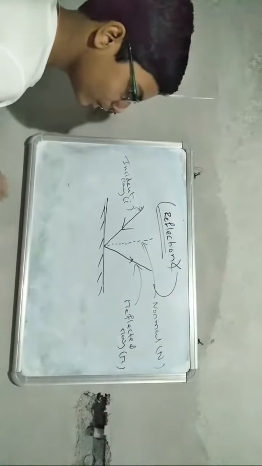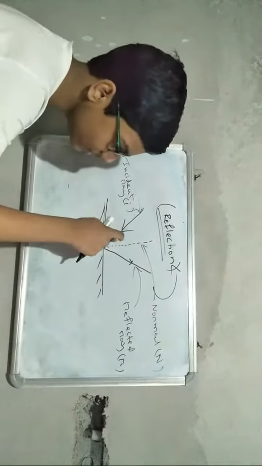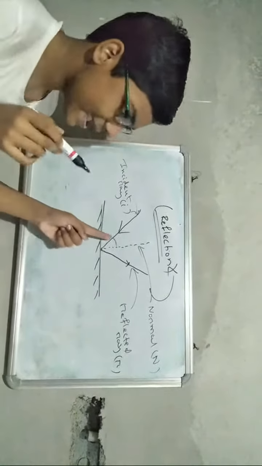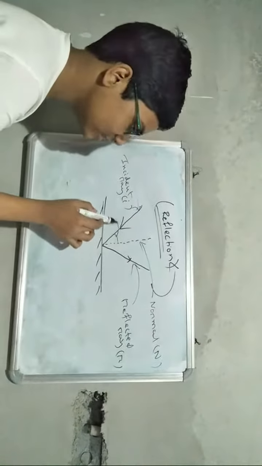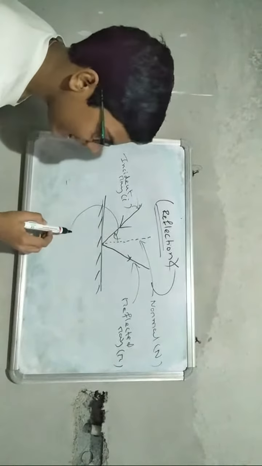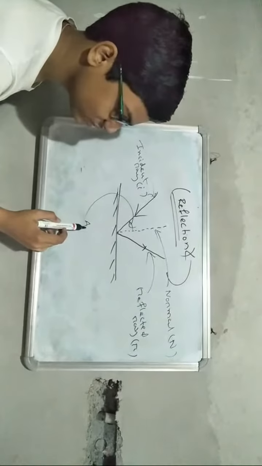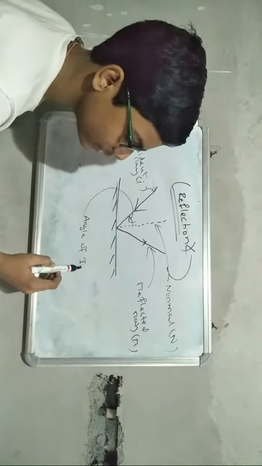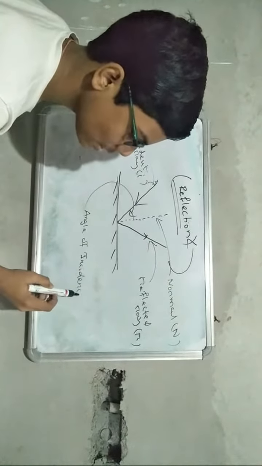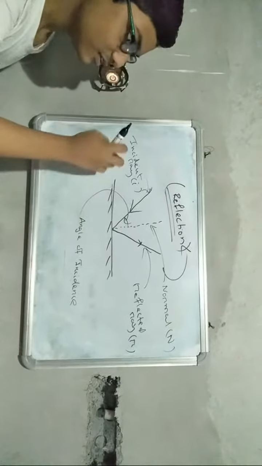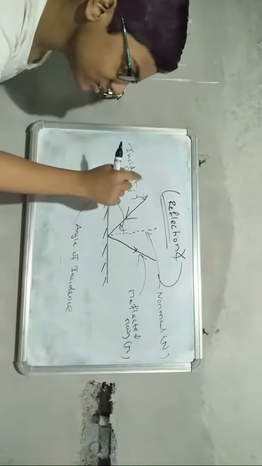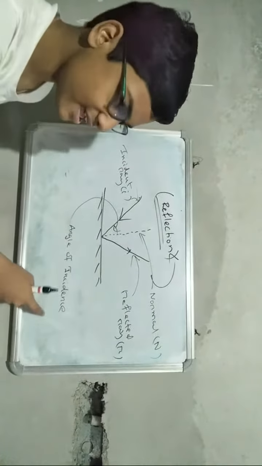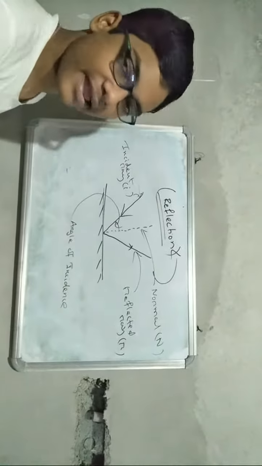The angle you can see here, formed between the normal and the incident ray, is known as the angle of incidence. The spelling is different: here is the incident ray, I-N-C-I-D-E-N-T, and here is the angle of incidence, I-N-C-I-D-E-N-C-E.